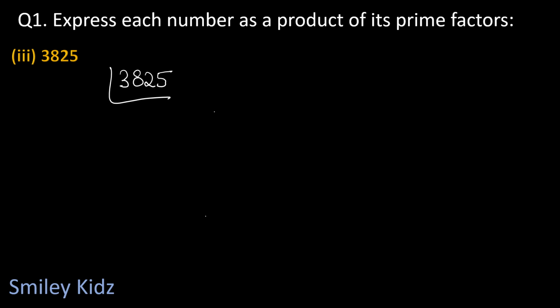In order to find out the prime factorization of this number, first I need to find out the number which is divisible by this. Now, we have already known that the number 2 cannot be a prime factor of it, isn't it? So, I'm trying to check whether 3 is going to be a prime factor of it.